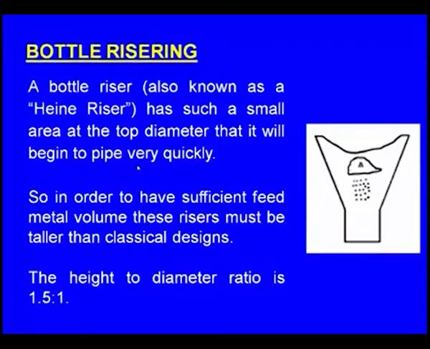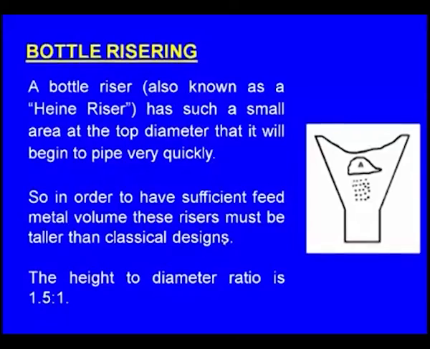Because of that, the piping takes place very quickly, meaning a pipe will be created at the top, and the molten metal near the mold wall will solidify quickly. A circular pipe is created and inside there will be liquid metal that will be pushed into the mold cavity. So, in order to have sufficient feed metal volume, these risers must be taller than the classical design.